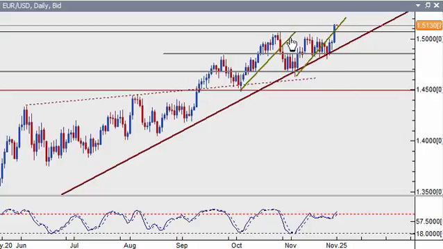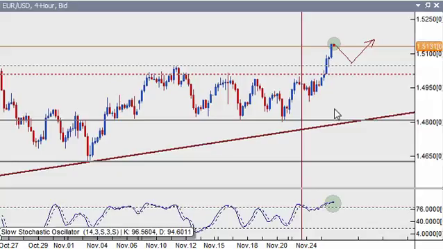Now we have our projection for the swing, and it would be to the 1.5020, a little bit above 1.5020. Now looking back at the 4-hour time frame, you see that it's already at 1.5130.